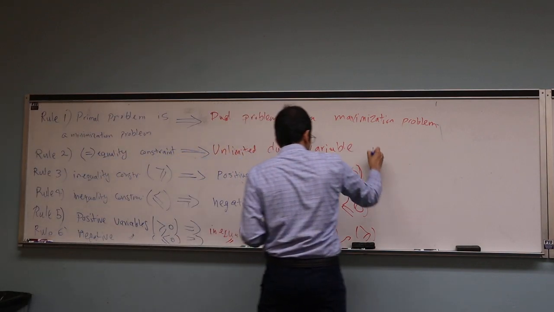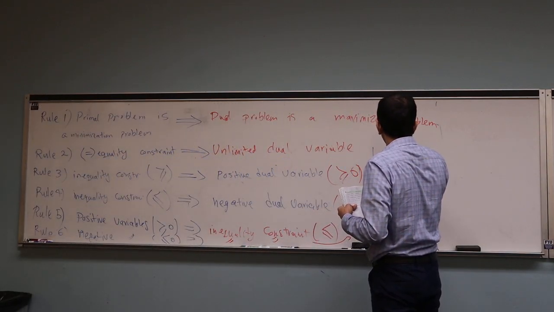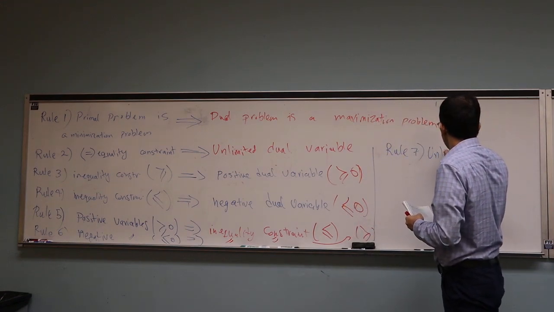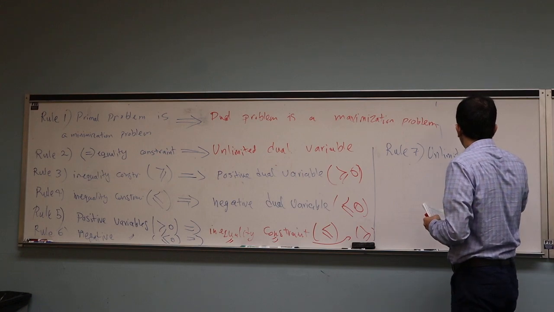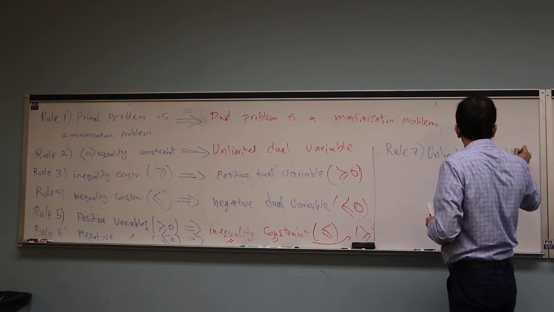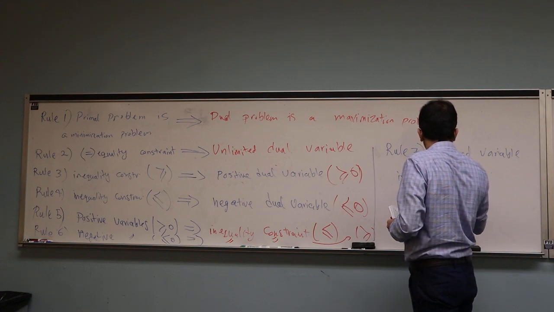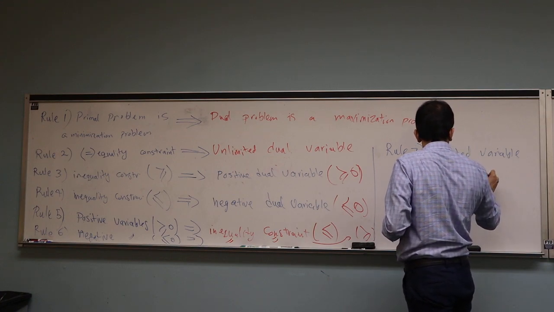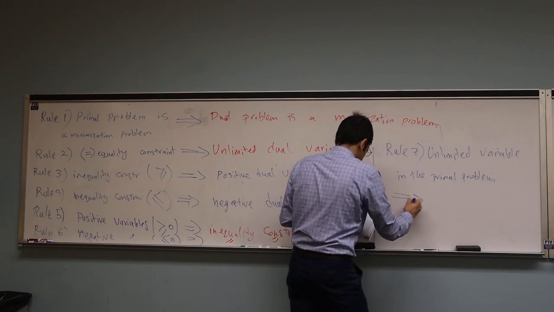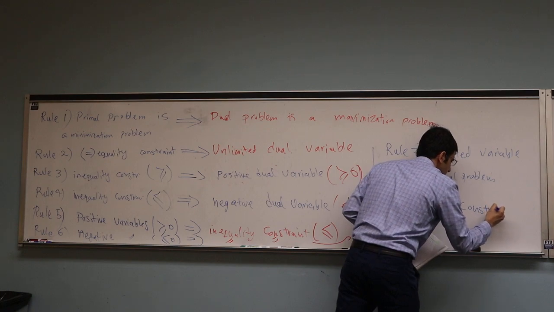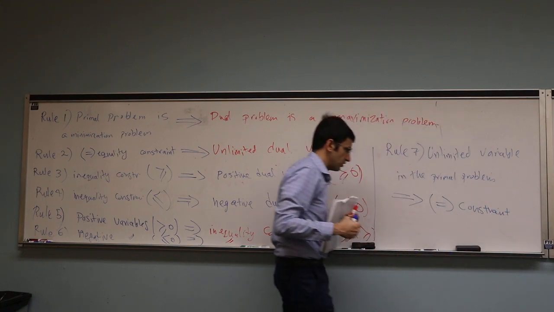So the last rule, rule number 7: if you have an unlimited variable in the primal problem, it translates into an equality constraint in the dual problem.